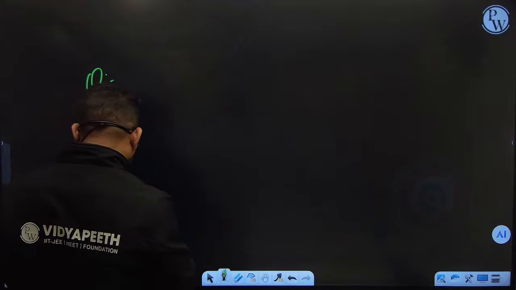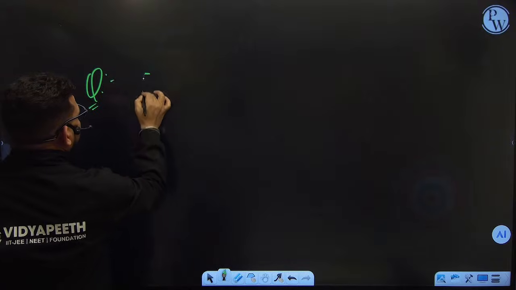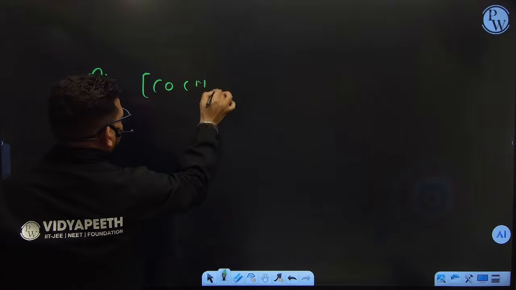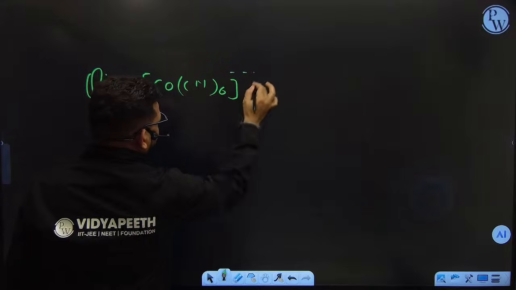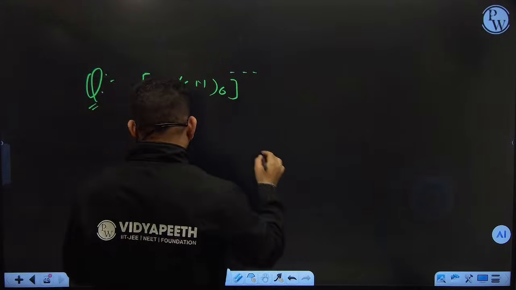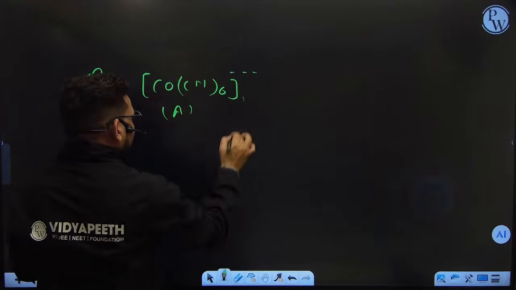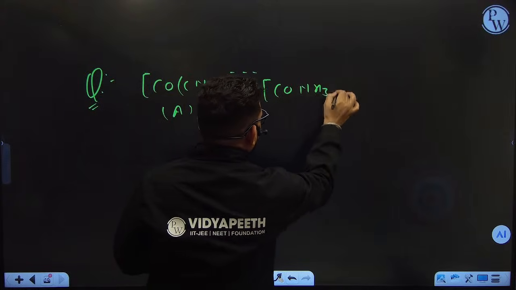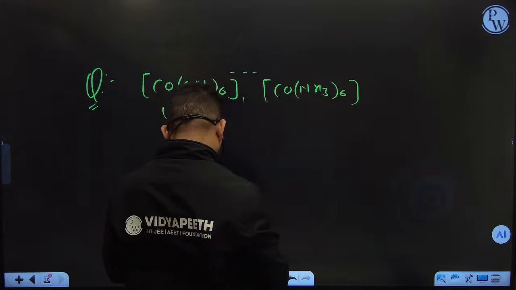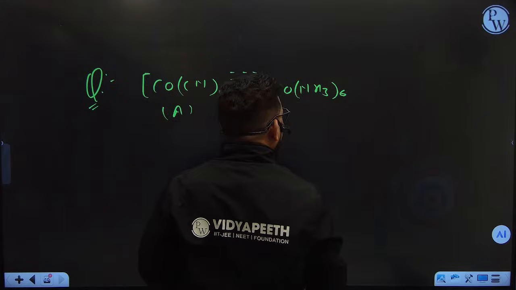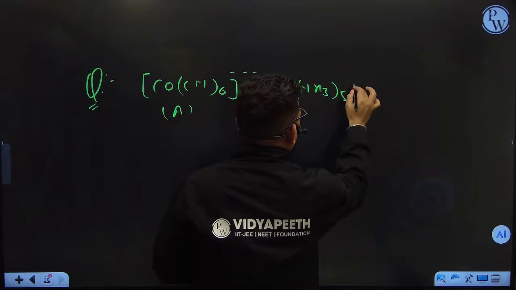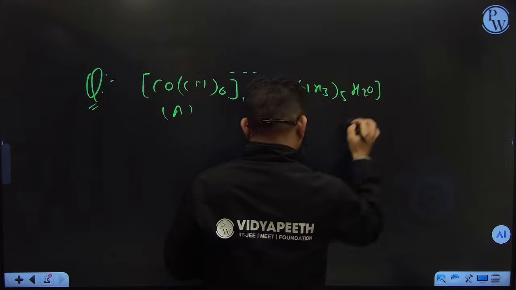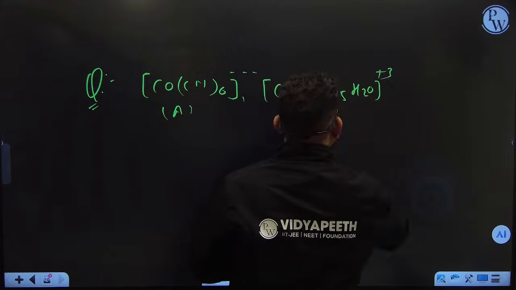The first question looks like this. One compound is written here, Co(CN)6 3-. This is A. The second compound is Co(NH3)5 H2O 3+.